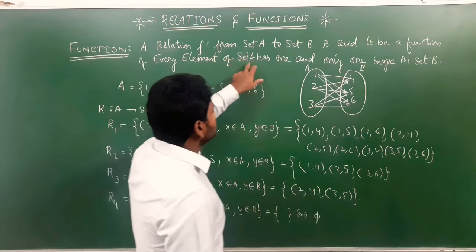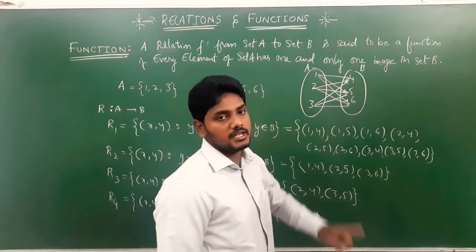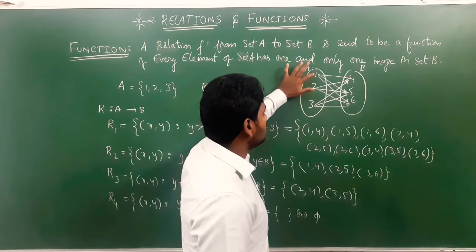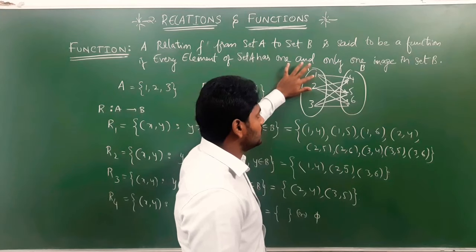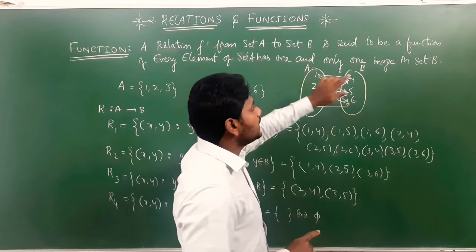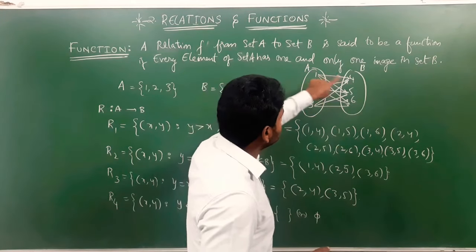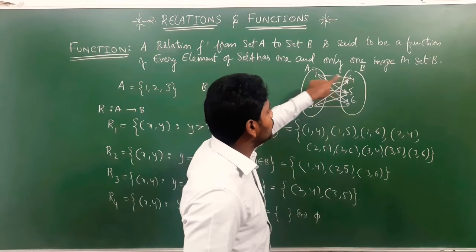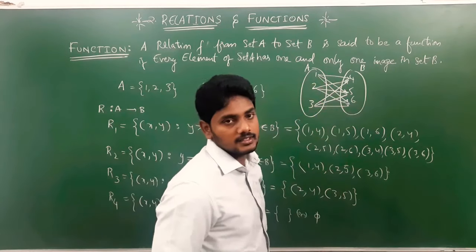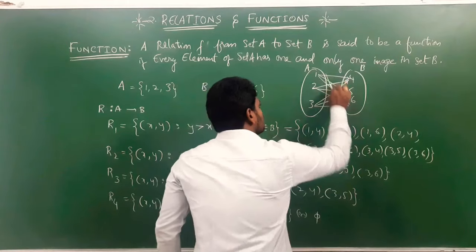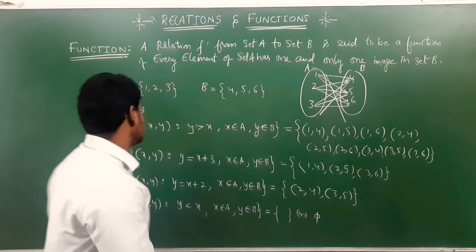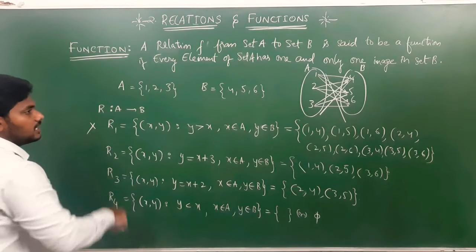Every element of set A, for example 1, should have one and only one image. But how many images does 1 have? 4, 5, 6. So it is not a function. So this R1 is not a function.